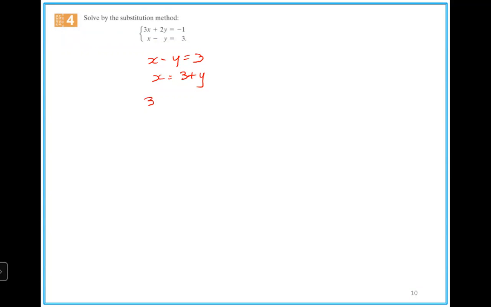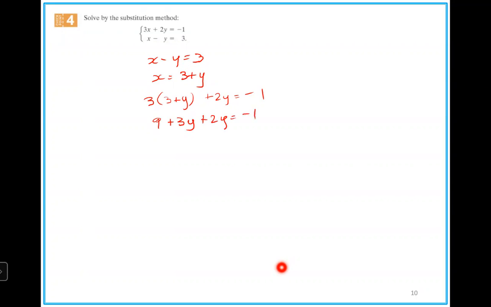So when you're going to substitute x equals 3 plus y into the first one, you'll put it in brackets: 3 times (3 plus y) plus 2y equals -1. So that's 9 plus 3y plus 2y equals -1.